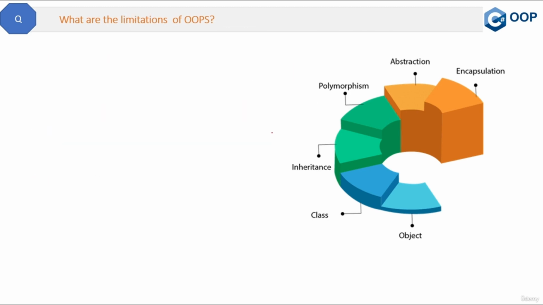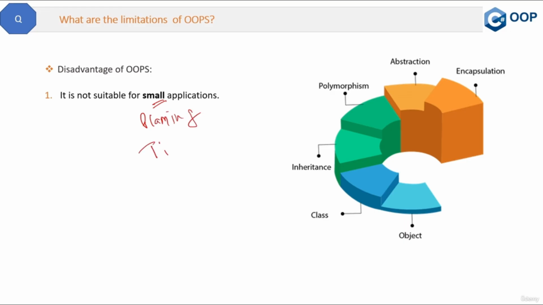What are the limitations of OOPS? The limitation is that OOPS is not suitable for small applications, because if you are planning to implement all OOPS concepts, then you need planning as well as time. And if your application is very small and you have limited time, then you should do less planning and quick implementation.